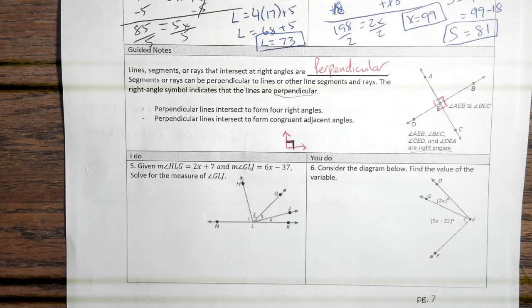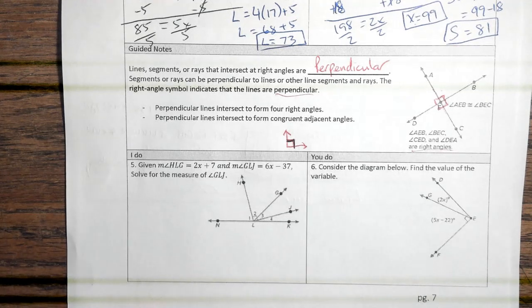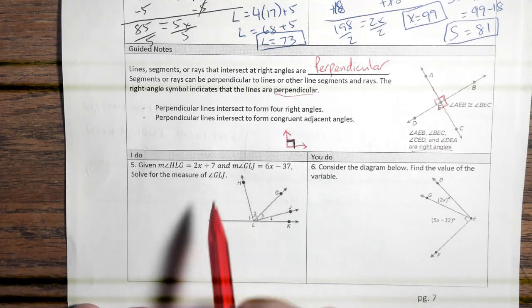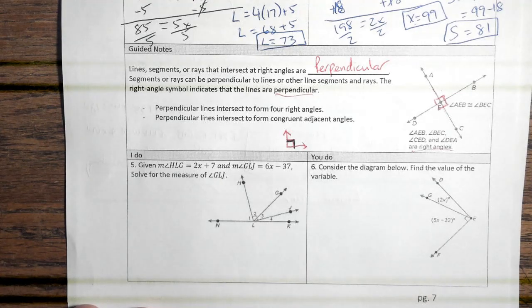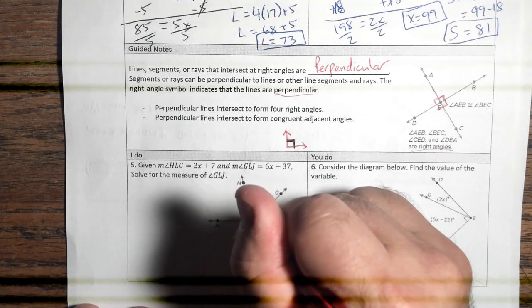Okay, bottom of page 7. Number 5. Given the measure of angle HLG is 2x plus 7, and the measure of angle GLJ is 6x minus 37, solve for the measure of angle GLJ. Alright, so notice here we have this box.